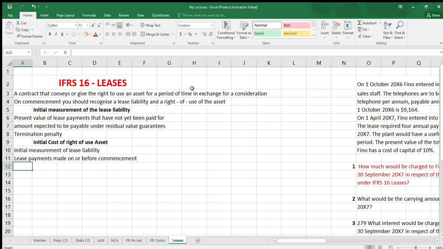So if commencement was 1st January, let's say 1st February, any payment on 1st February or before, that's January, should be included in the initial cost of right of use. But any payment after 1st February, that's from 2nd February till, should be ignored. So any payment pertaining to the lease contract made on or before commencement should be also included.